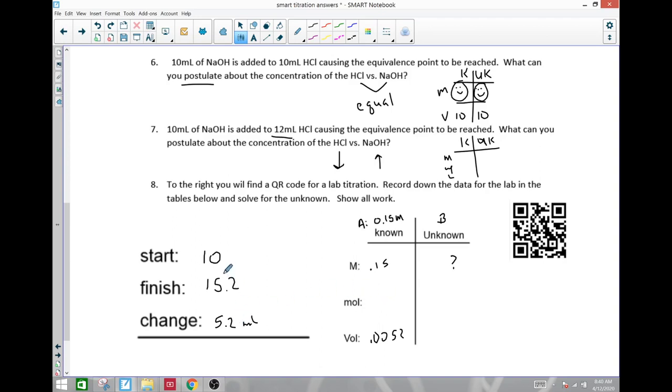And in this case, let's go ahead and do that. So it's going to be 0.15 times 0.0052. And let's get our moles here. 0.15 times 0.0052, and we get 0.00078.